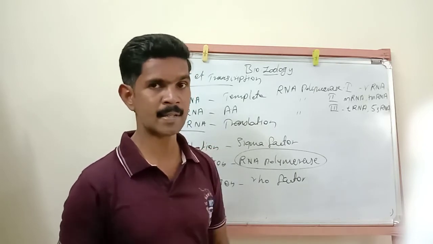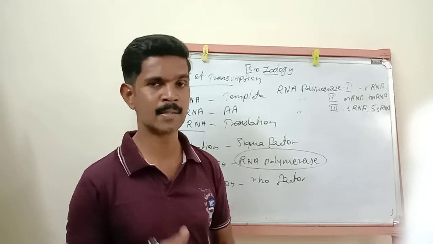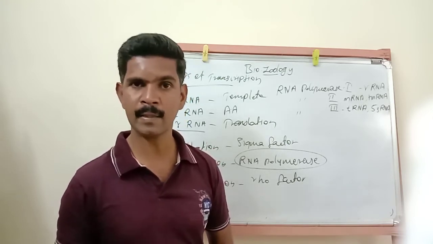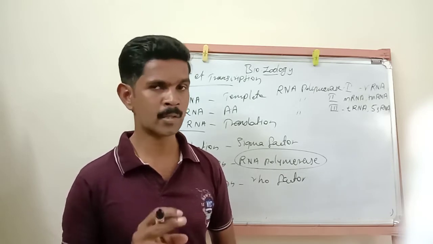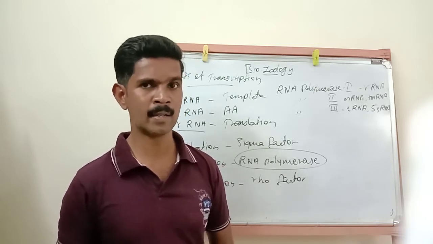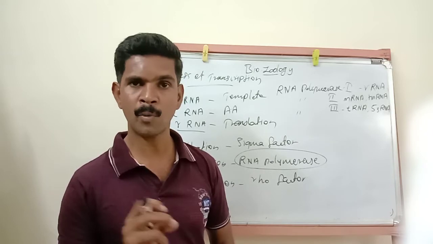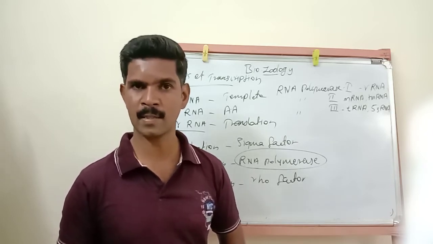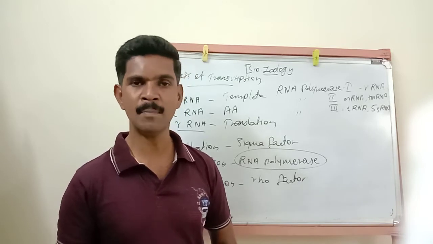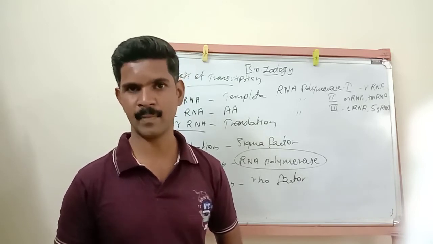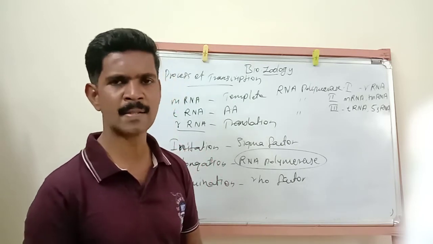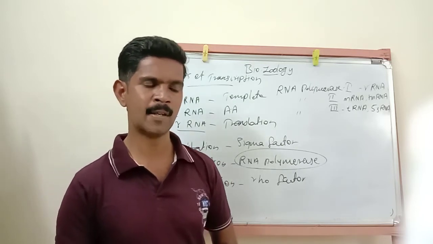In the last class we studied about the structural genes. Structural genes are one of the important regions in the transcriptional unit. There are two types of structural genes: polycistronic and monocistronic. Listen, in a monocistronic structural gene, some regions have some interrupted sequences. Listen very carefully.